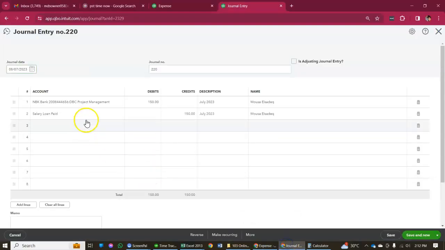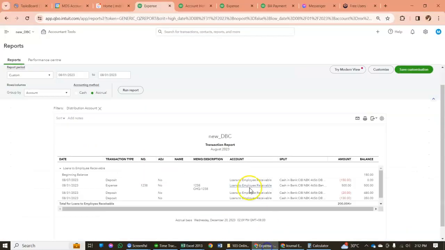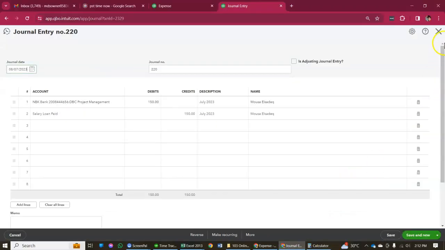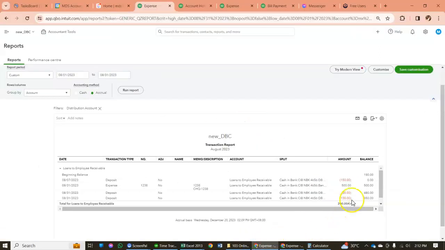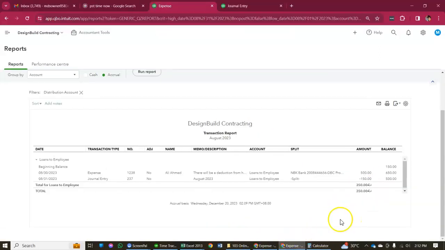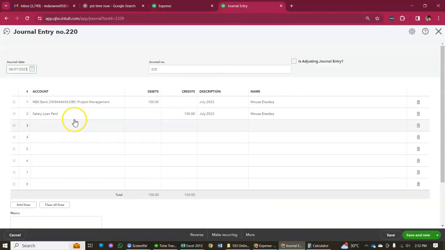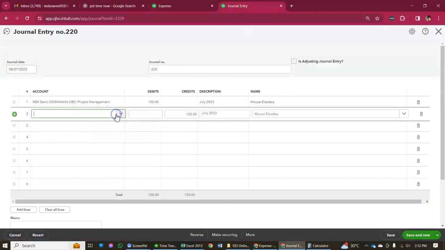Actually it's a loans receivable, but they put it on salary paid, so it's okay. So we're done. It should be 835, so we must correct this one as loans receivable.